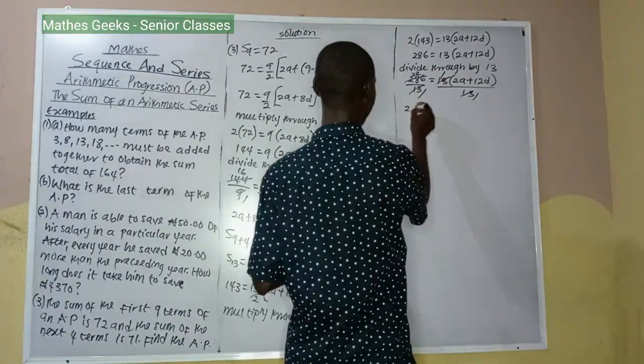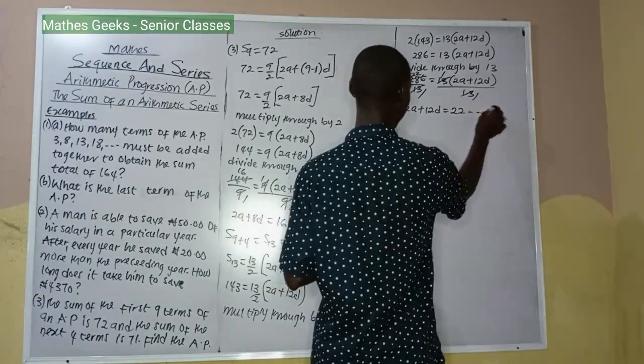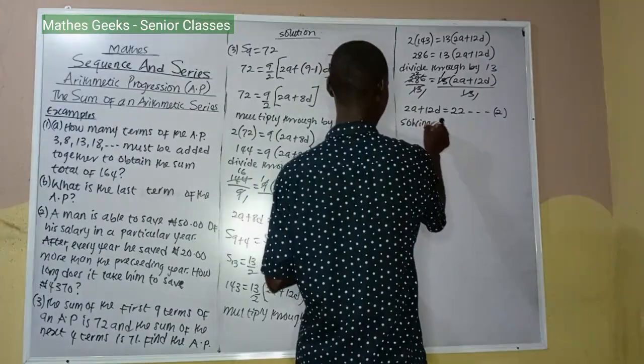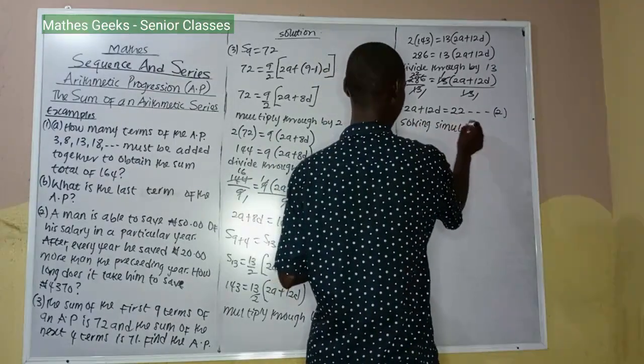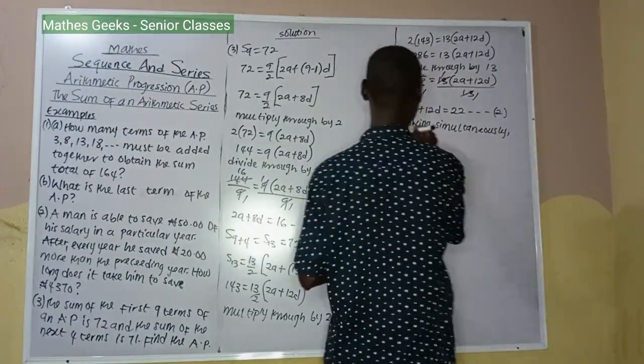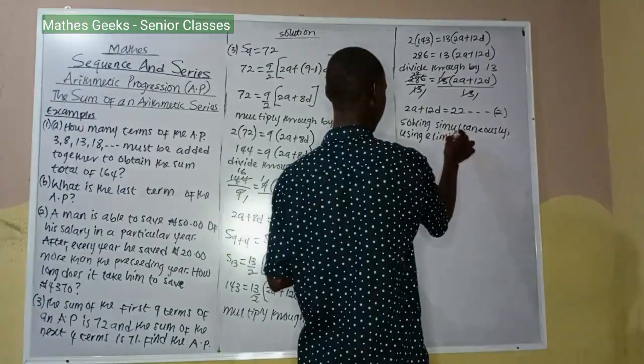So 2a plus 12d is equal to 22. Equation 2. We're solving simultaneously using the elimination method.